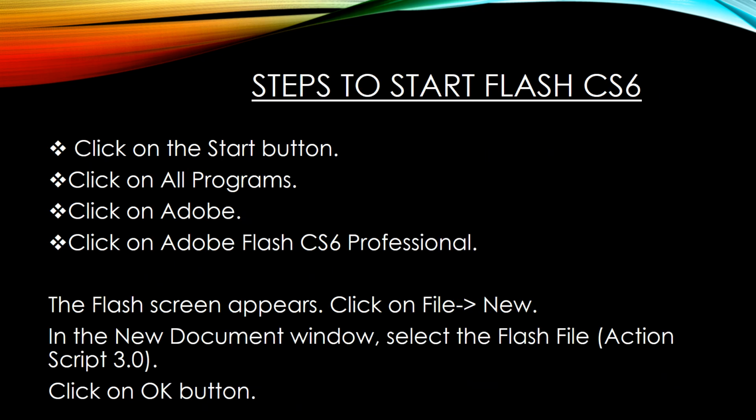In order to start Flash, we have to follow some steps. Let's discuss. First of all, click on the Start button, then All Programs. In All Programs, we have the Adobe folder. Click on the Adobe folder and then click on the Adobe Flash CS6 Professional option. When you click on this option, the Flash screen will appear on your screen.